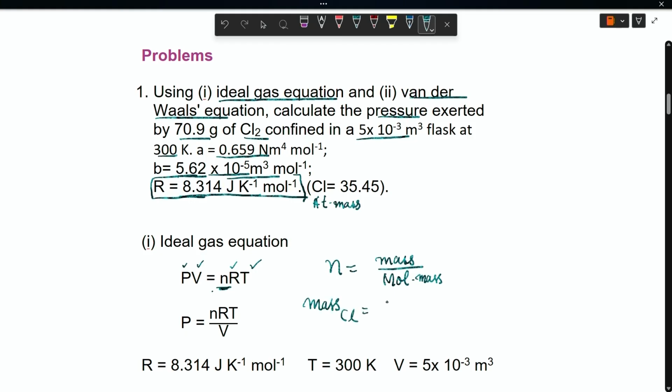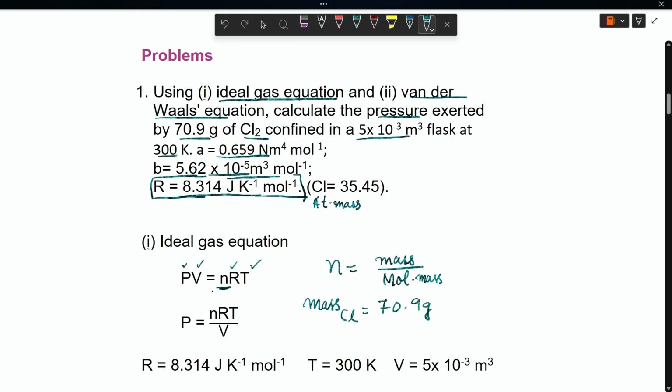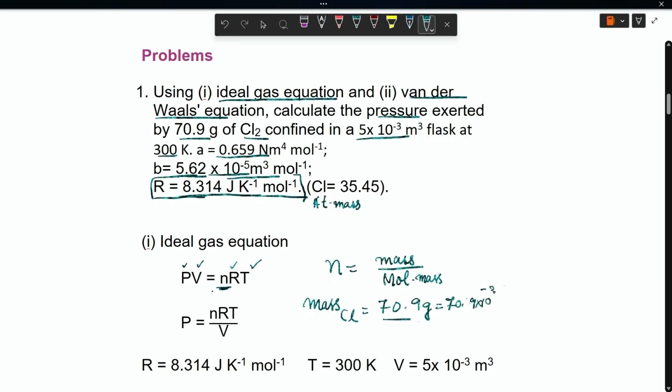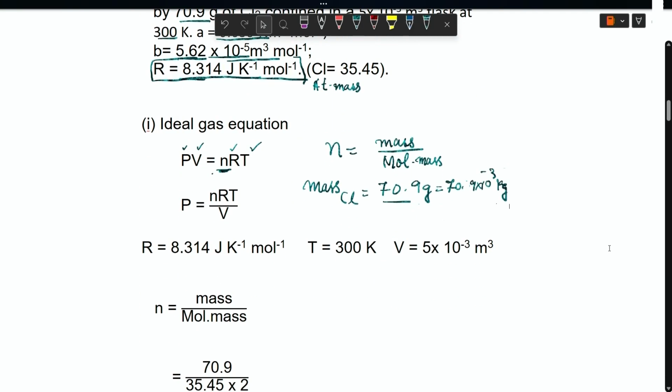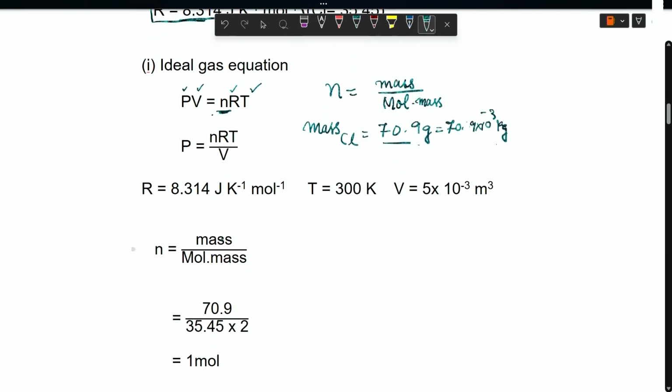Mass of chlorine is equal to 70.9 gram. This is given, but this is not in SI unit. We will have to convert that into kilograms. For that, we have 70.9 into 10 to the power minus 3 kilograms. So, that is okay. Now, here we have the value of R, T, V.